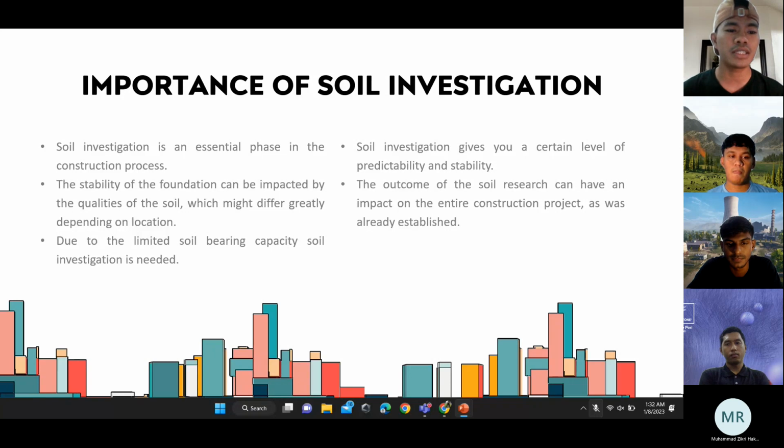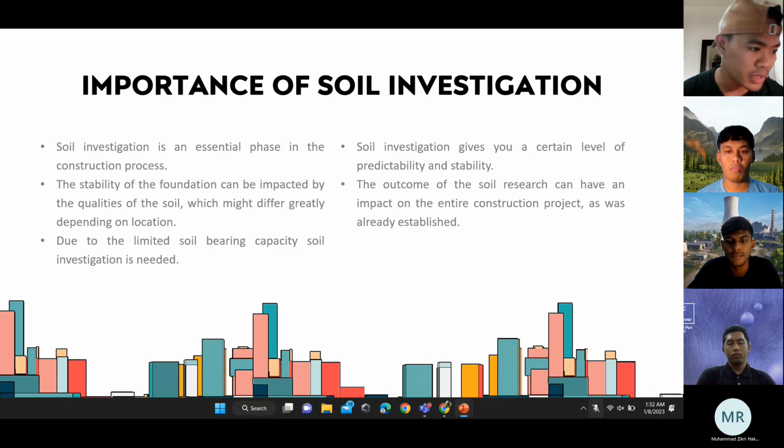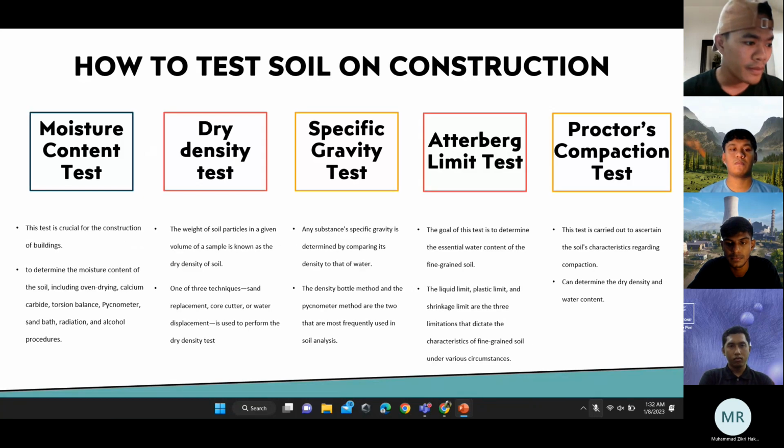So soil investigation is needed to determine the type of soil and everything about the soil. The second last point is soil investigation gives you a certain level of predictability and stability. And the last one, the outcome of the soil research can have an impact on the entire construction project, as was already established.